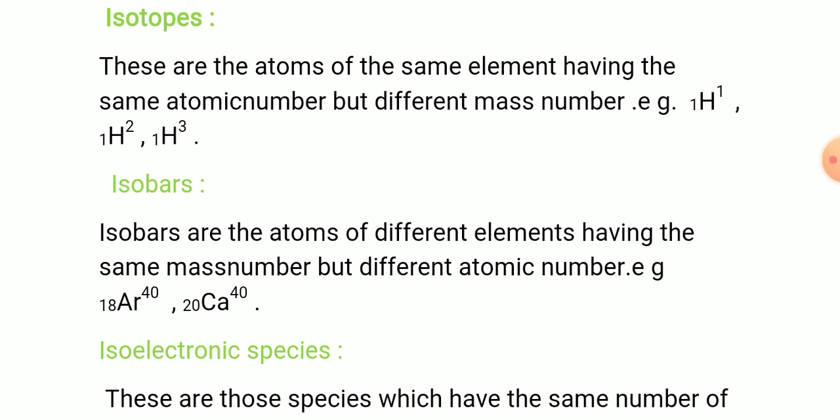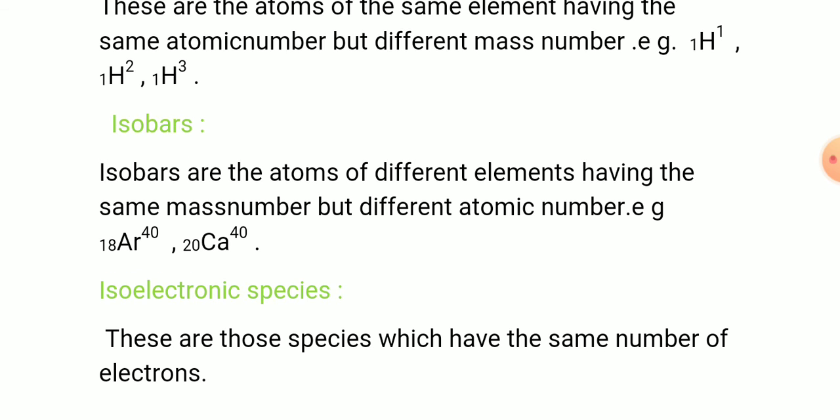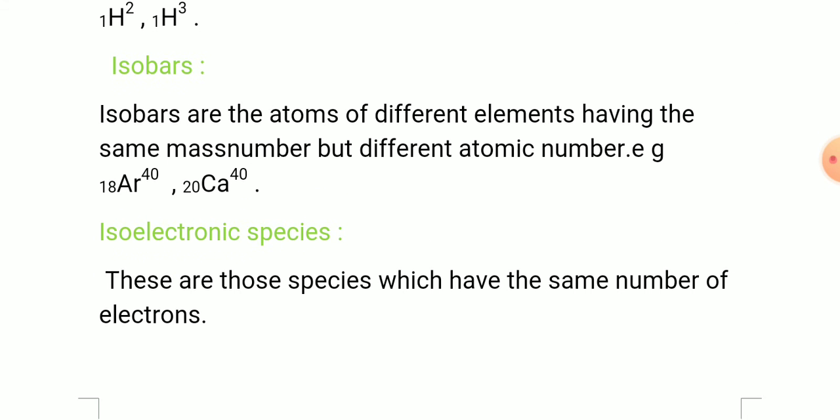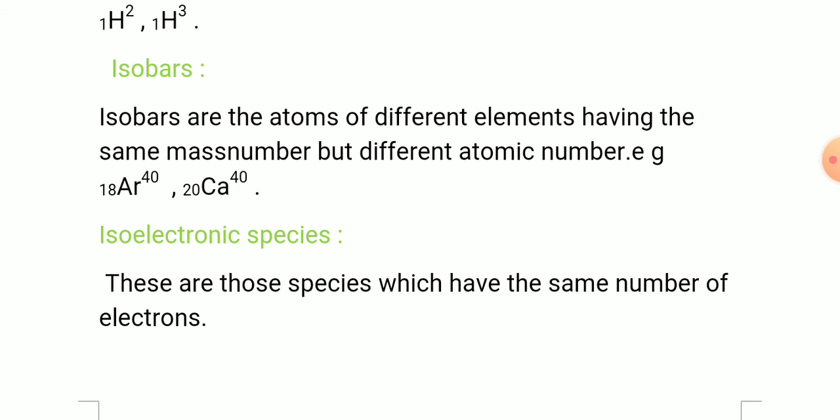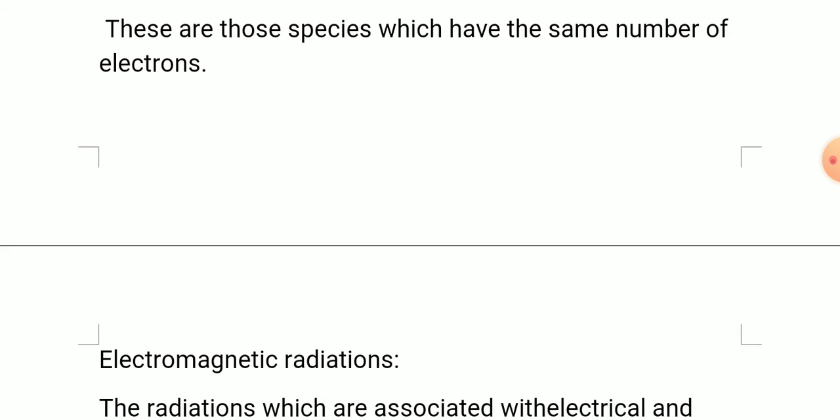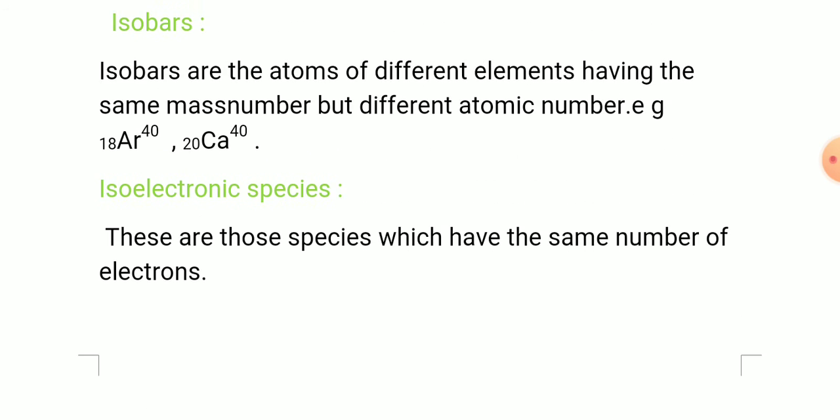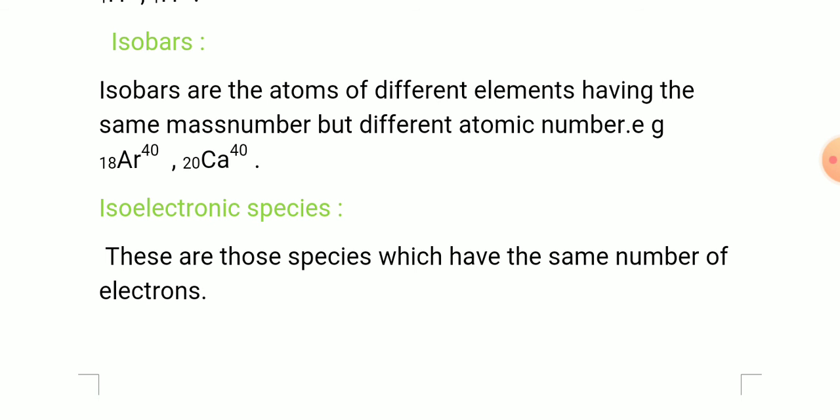Here the mass number of argon and calcium is 40, but their atomic numbers are different: the atomic number of argon is 18 and that of calcium is 20. And isoelectronic species are those species which have the same number of electrons.